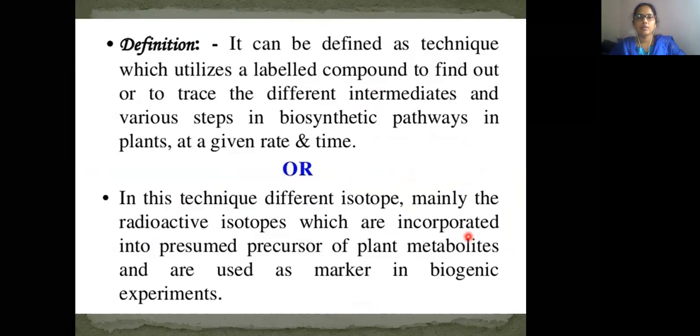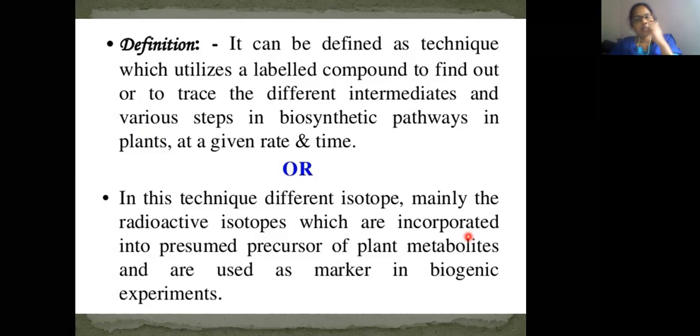From the name itself, trace out means to find out. These techniques are used to find out the different intermediates formed and the different steps involved in the biosynthesis of primary as well as secondary metabolites in plants, at a given rate and time.